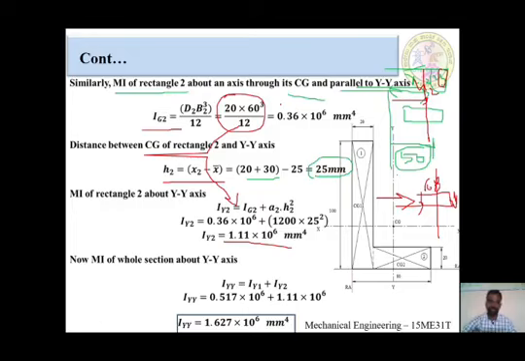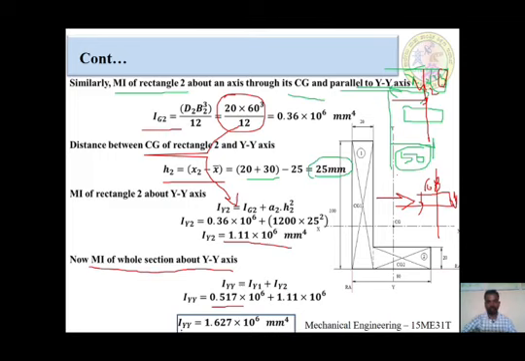After finding rectangle 1 and rectangle 2 individually, we have to calculate the whole section about the y axis. For that, we do the summation of Iy1 plus Iy2. We got Iy1 equal to 0.517 into 10 raised to 6, and Iy2 as 1.11 into 10 raised to 6.